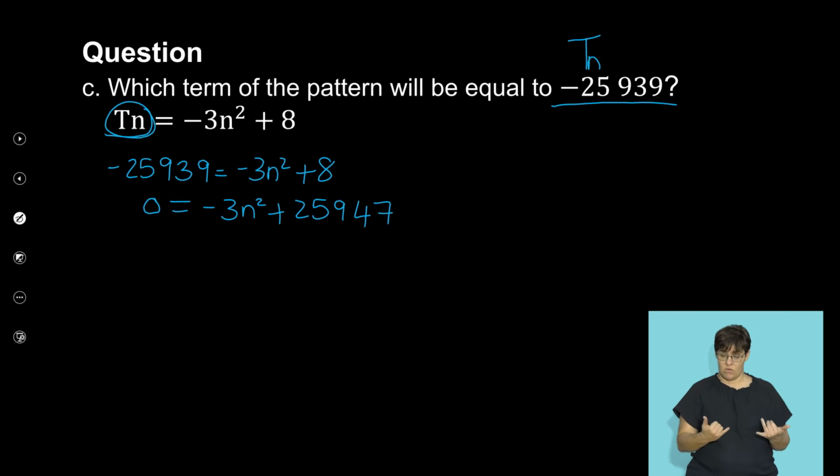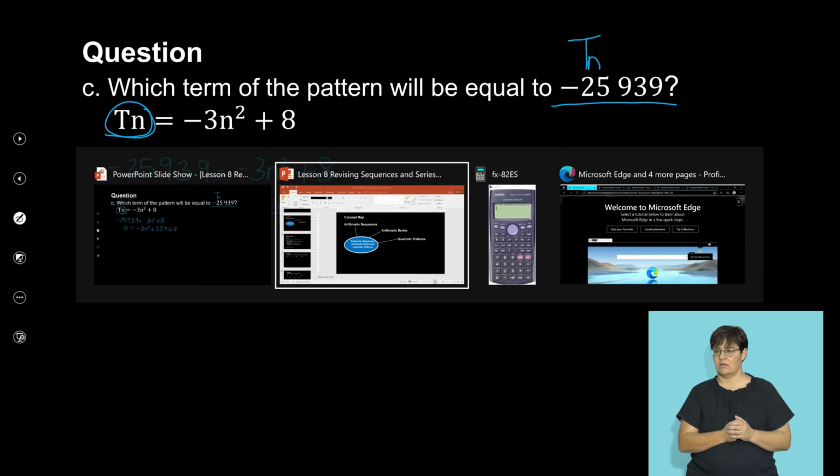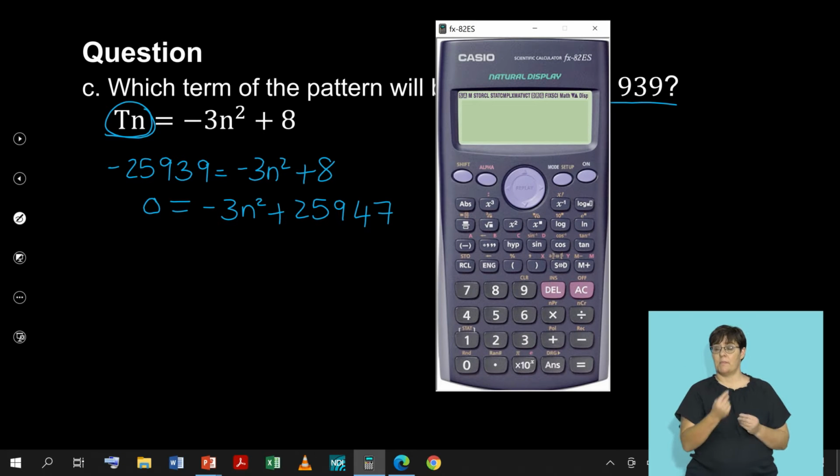At this point, I want to divide by negative 3 in the hopes that it will make my actual equation a bit easier. So I'm just going to get my calculator out. So if I say 25,947 divided by negative 3, it's going to be equal to negative 8,649.